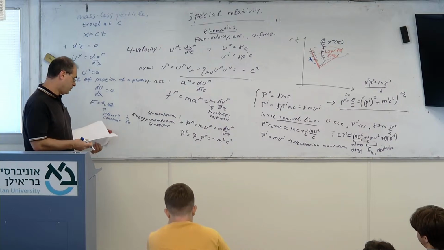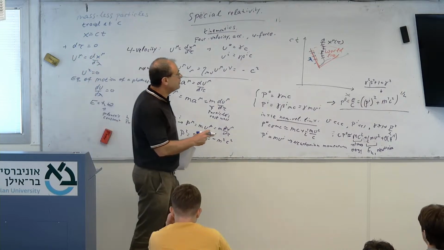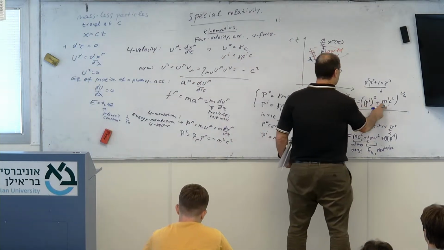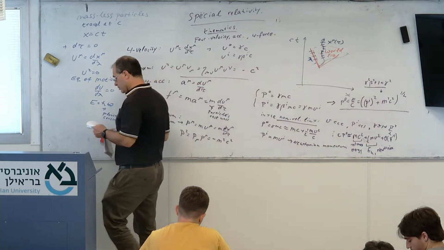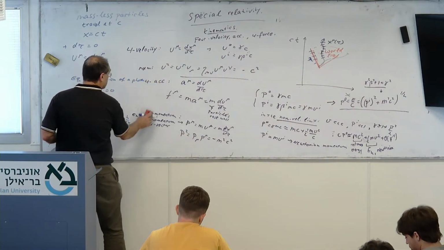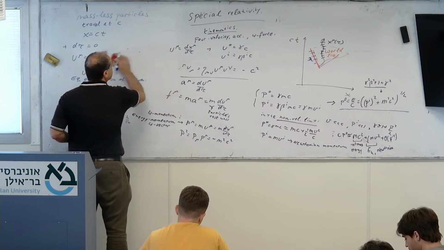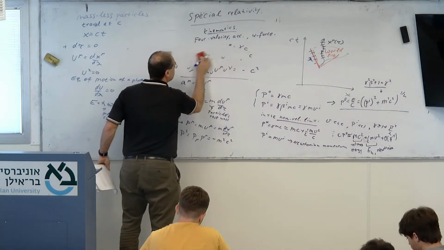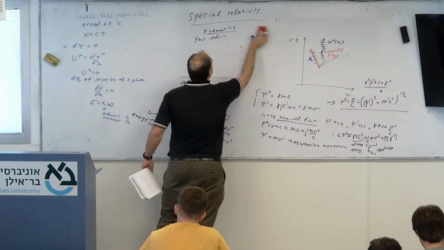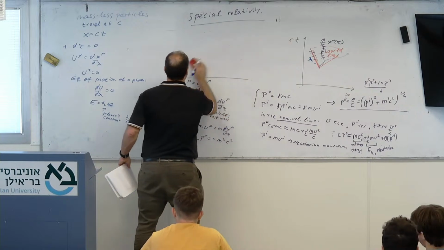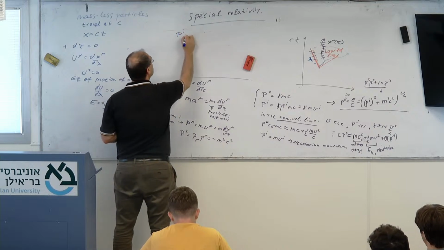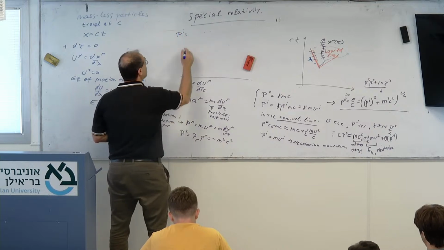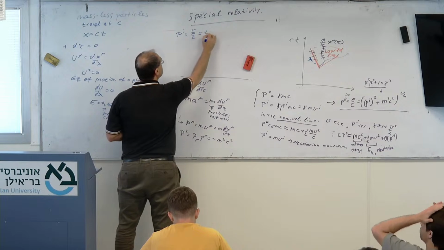So we can, in principle, use that same equation here. Mass is equal to 0. So we can write down the momentum, which is E over c, is h bar k.